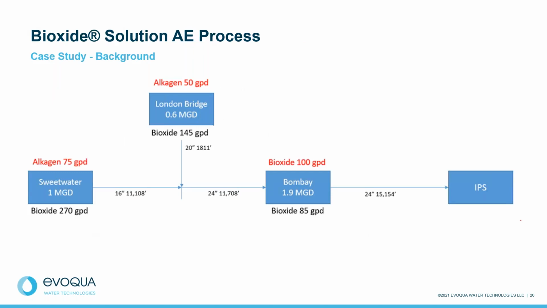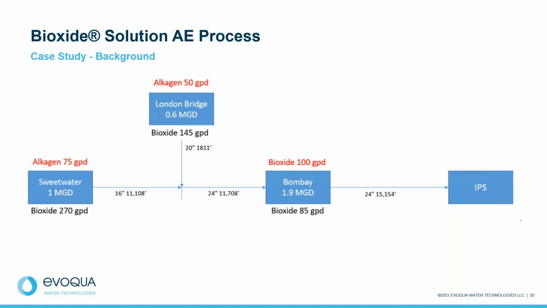The second case study I'm going to go over shows the Bauxite AE process in practice. This particular municipality was feeding almost 500 gallons a day of bauxite to control odors at their Bombay lift station and IPS lift station. That was the best they could do within their budget, but they weren't really happy with the sulfide results at Bombay or downstream at IPS.